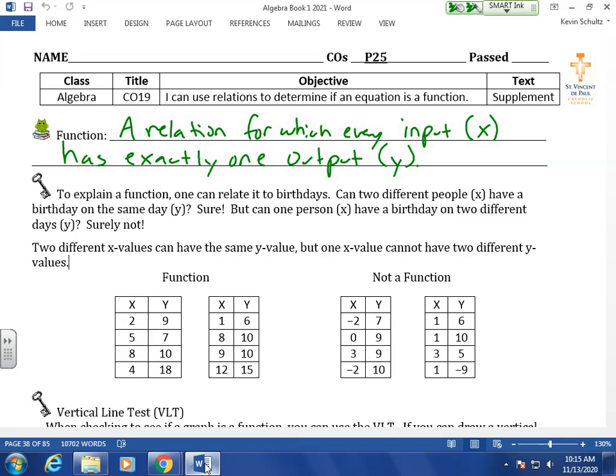And this is one of those definitions where it might be easier to see it rather than reading it. So these two tables here are examples of functions. Because if you look at the x values, 2, 5, 8, 4, there's only one output, one y value that corresponds with it. When x is 2, y is 9. When x is 5, y is 7.